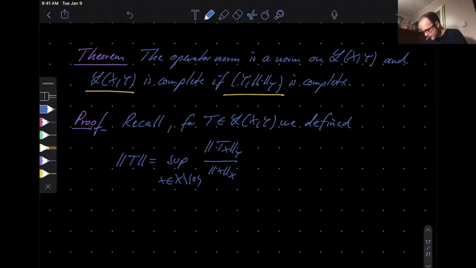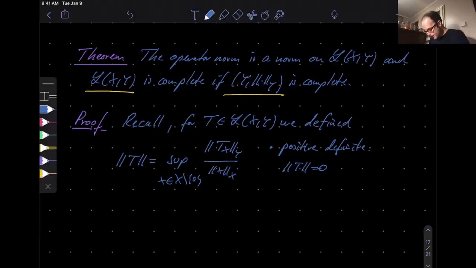Okay, so for positive definite, if the left-hand side is equal to 0, I have to conclude that this can only happen if T is actually the 0 transformation.